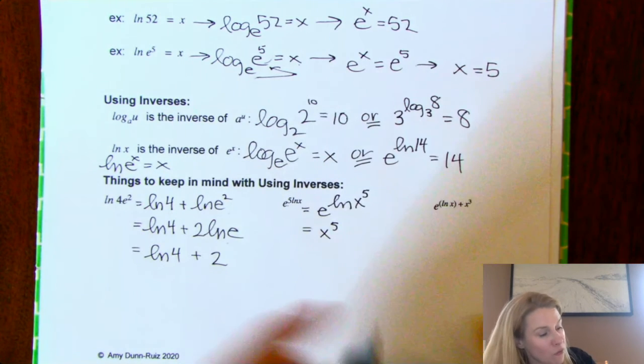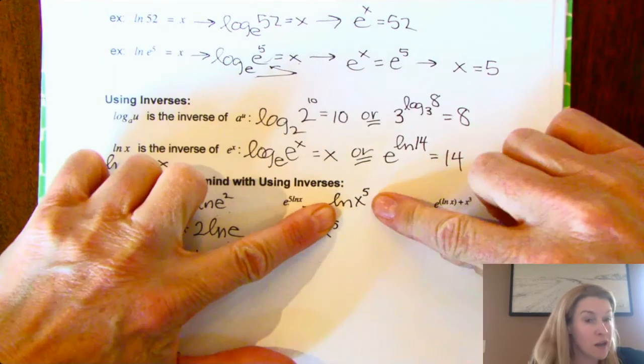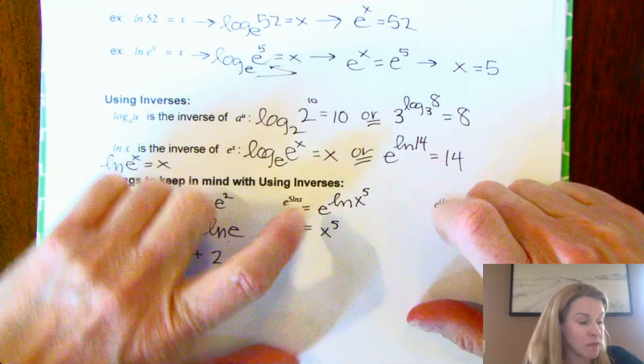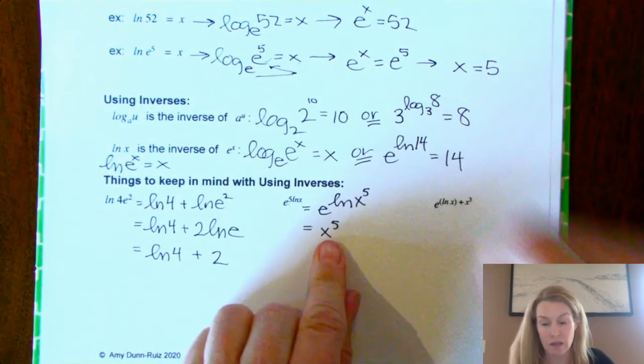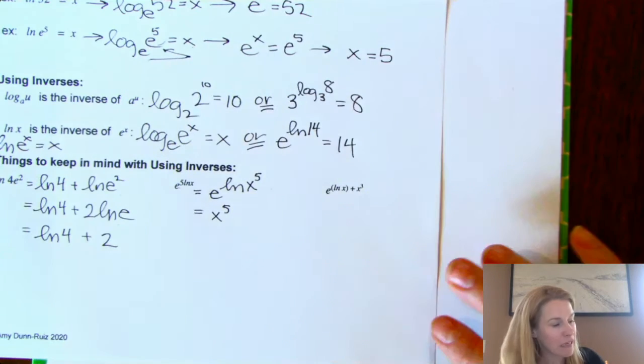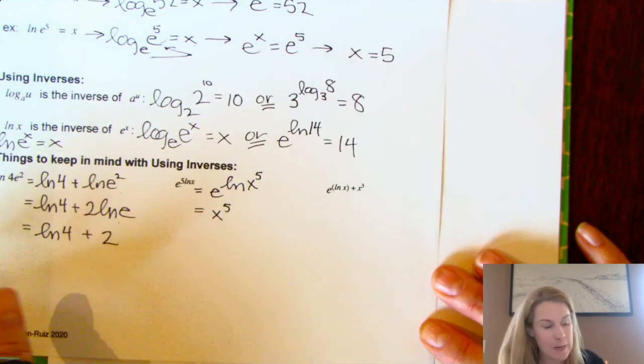Or you can kind of go through the whole logic of this power represents the number such that e to that power gives me x to the 5th, and now I'm taking e to that power, so I get x to the 5th. Last example here, I have e to the ln of x plus x cubed power, right?